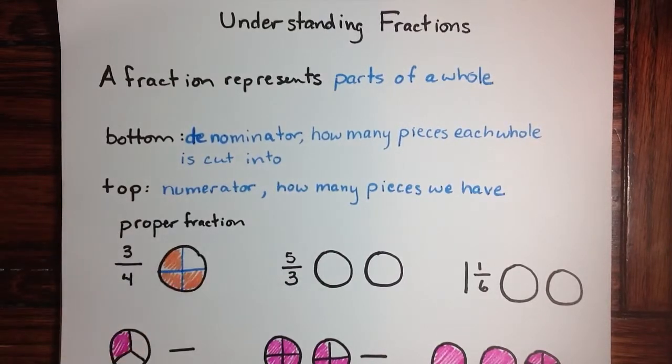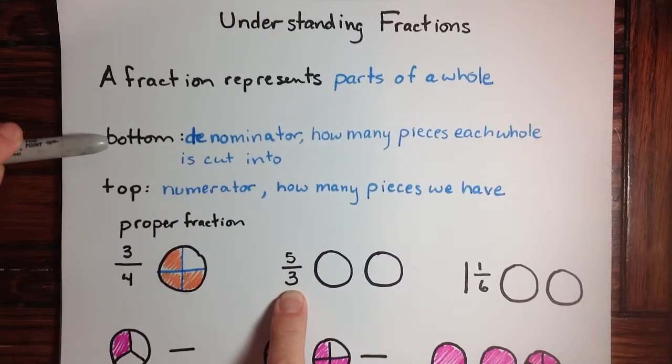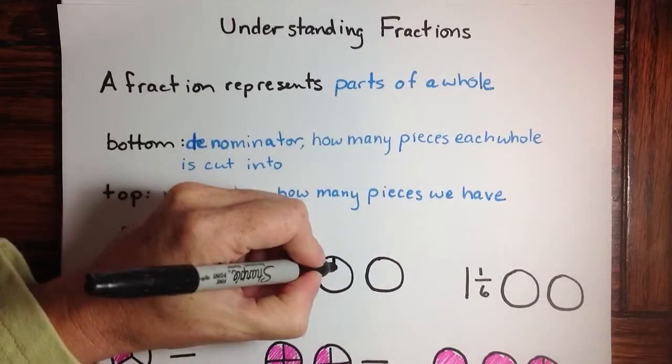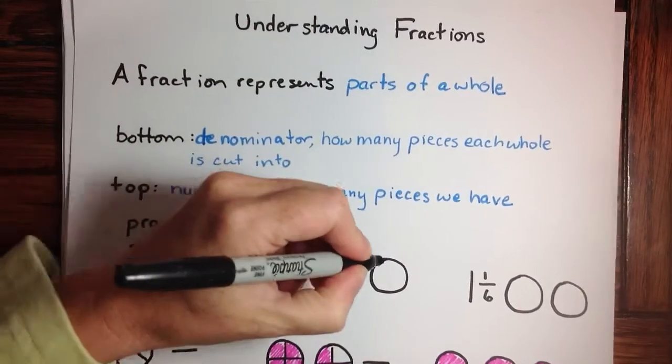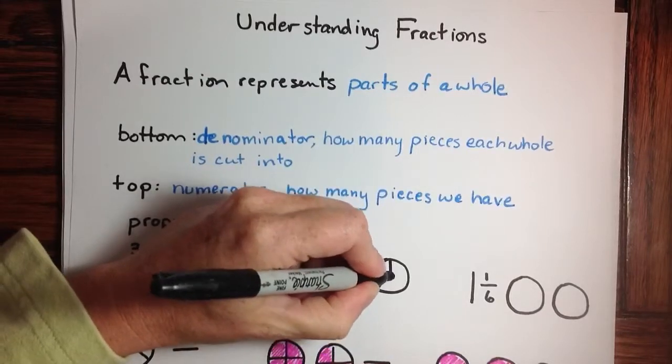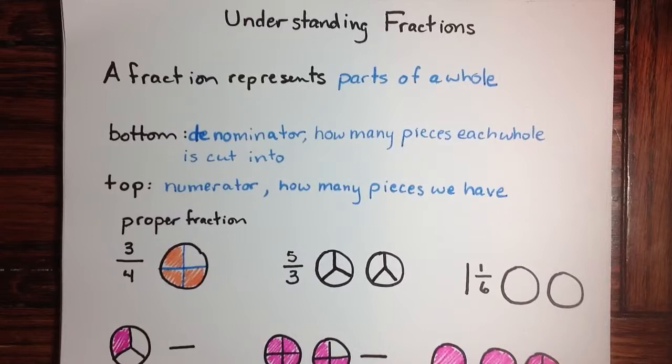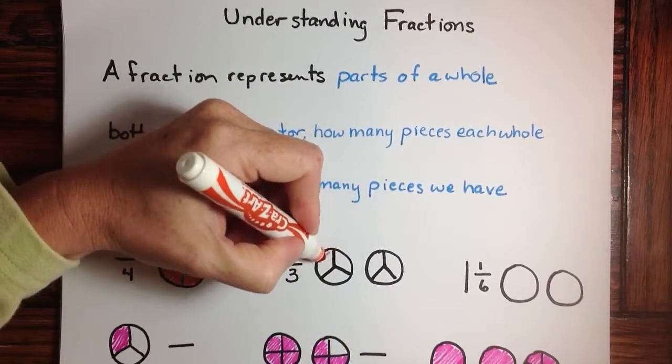This second example tells us again that the denominator tells us how many pieces each whole is cut into. So our wholes need to be divided into 3 pieces each. And the 5 on top tells us that we have 5 of those pieces.